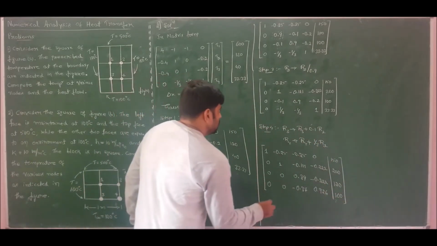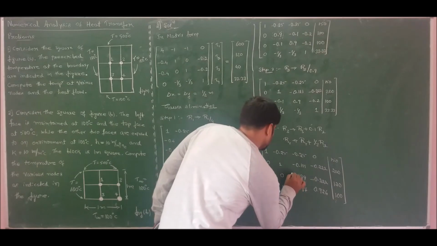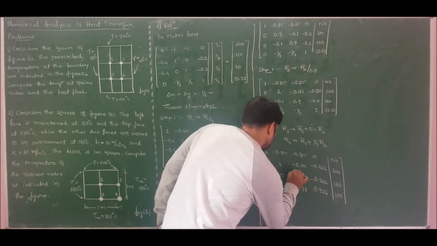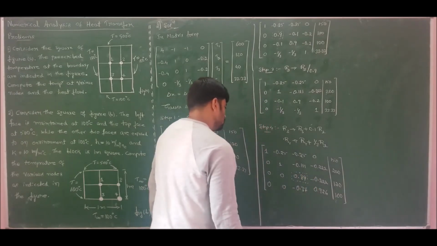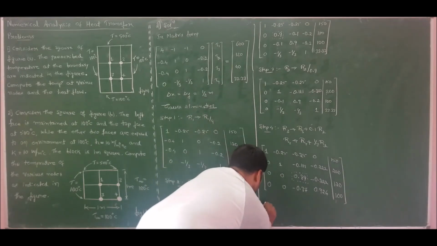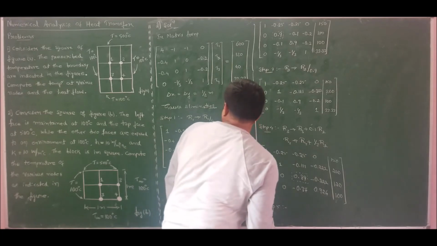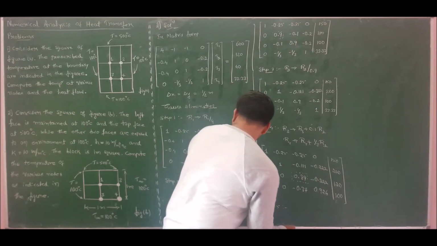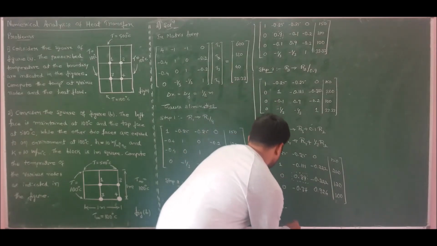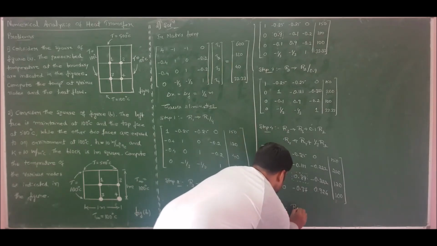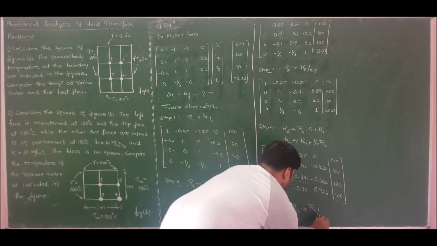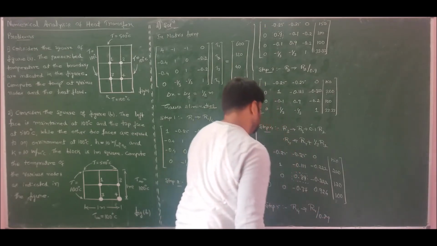Now I should make this key element as unity. So therefore, in step 5, I will make the key element as unity. R4 tends to R4 by 0.89.